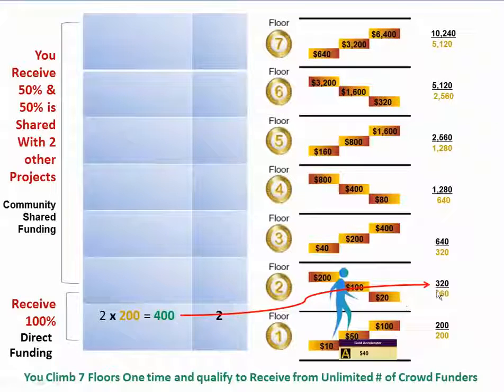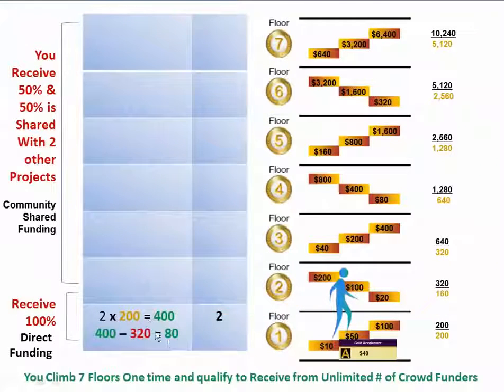And we'll talk about this all as just a whole floor, but you do it in small increments. You start with $20 and it keeps moving up. But let's add it all up together. Your total donation that you make to the project that came before you on the second floor is $320. You take that out of the 400 and you can see you're left with $80 for your project in your pocket.